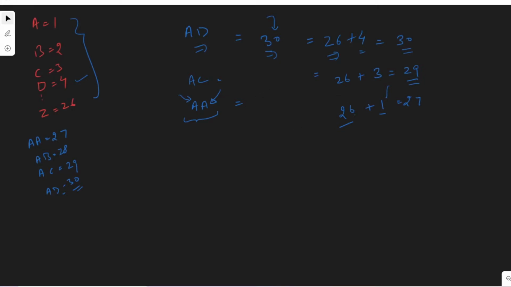So the last character gives its own value, and then we add 26, and that is how we get this output.